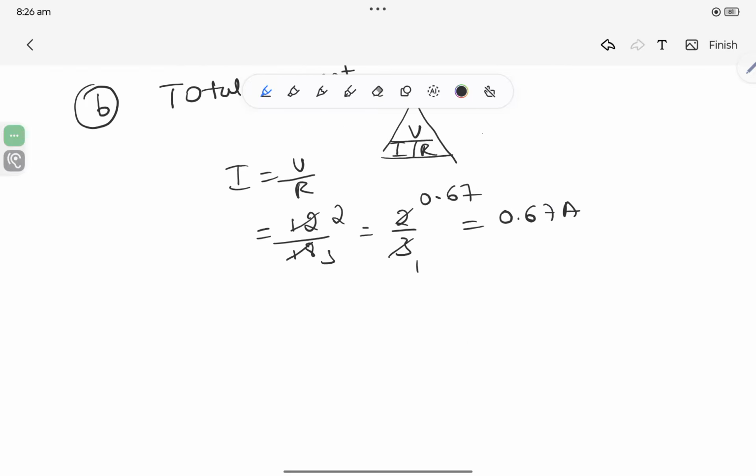So total current is equal to 0.67 ampere.